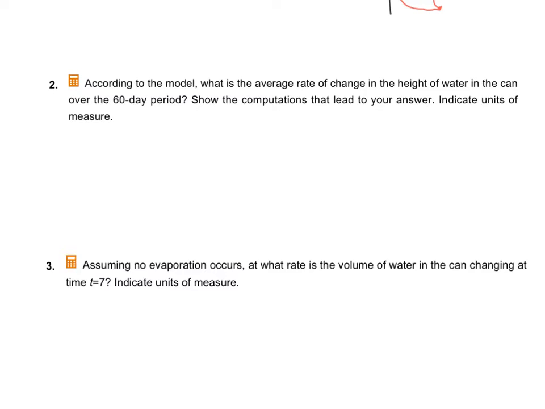The typical way is if you're given a function and you want the average rate of change of that function, like in this case we have s of t, and this represents the height of the water in the can.